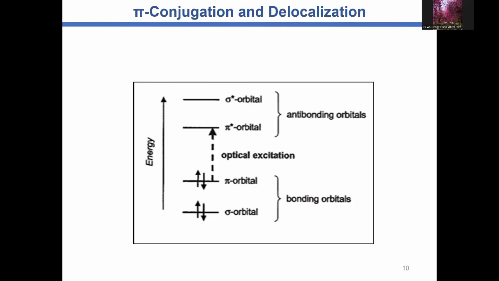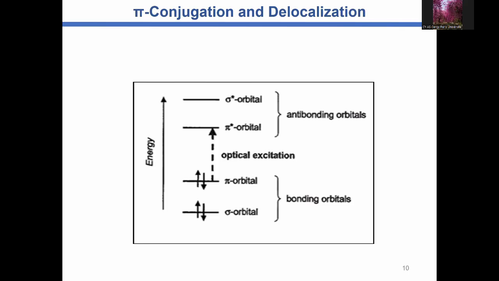And this quantity of energy is inside of visible light. So this is the reason why we use the carbon's p bond in electronic devices.